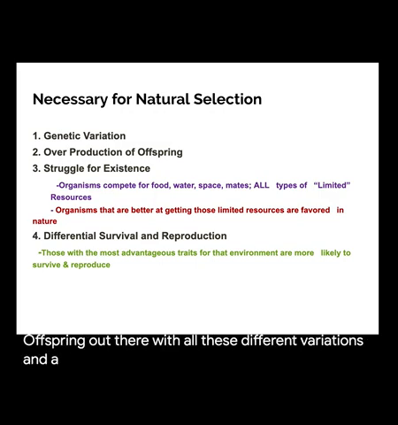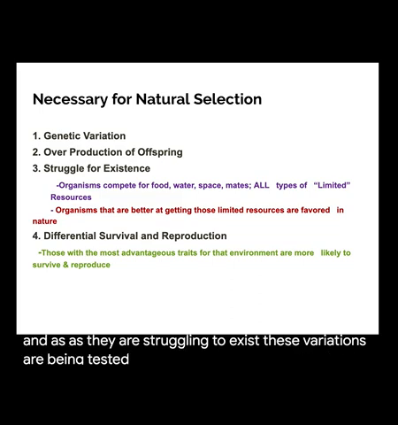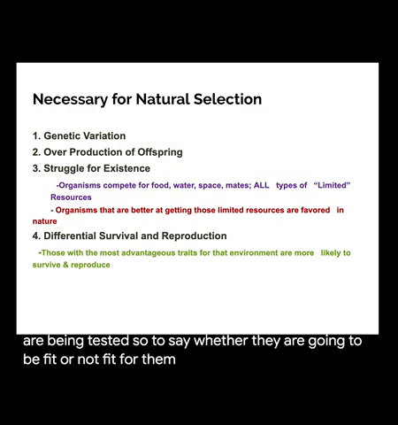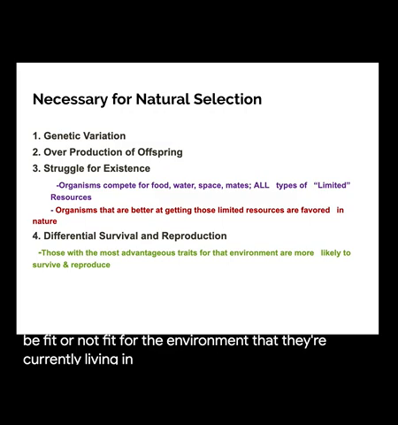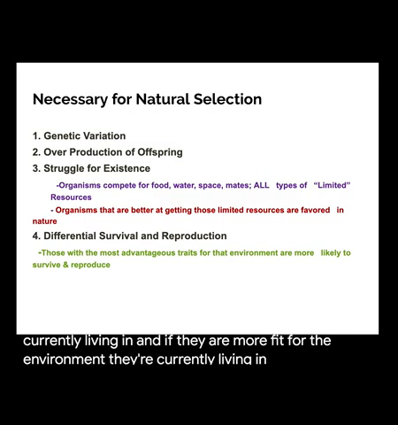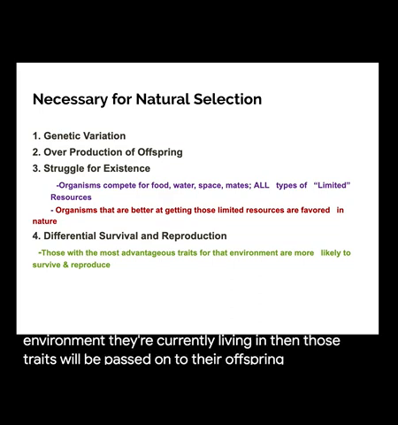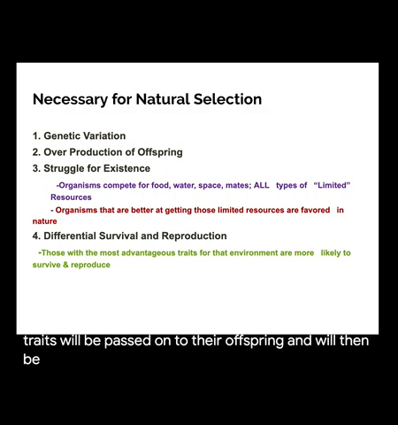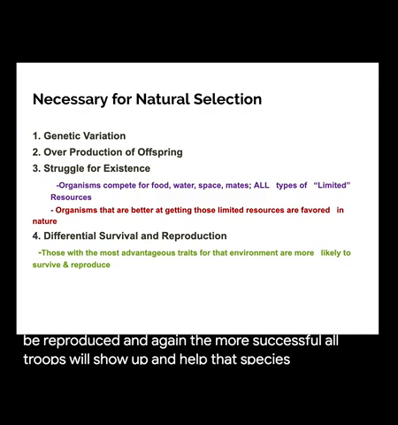As they struggle to exist, these variations are being tested, so to say, to see whether they are fit for the environment they're currently living in. If they are more fit, then those traits will be passed on to their offspring and reproduced. Again, the more successful traits will show up and help that species as a whole survive.